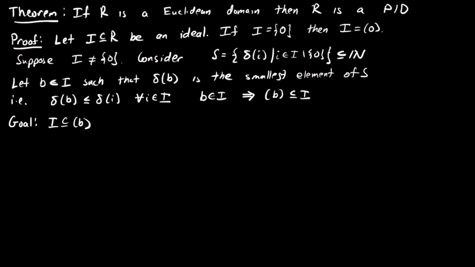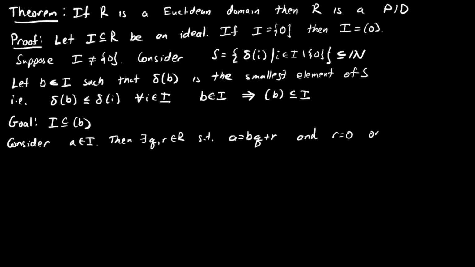Okay, so consider some element a in I. Well, since we're working with a Euclidean domain, there exist q and r in my ring such that a is equal to bq plus r, and either r is equal to 0 or delta of r is less than delta of b. Well, what does that tell me?